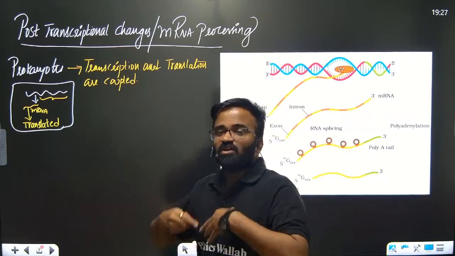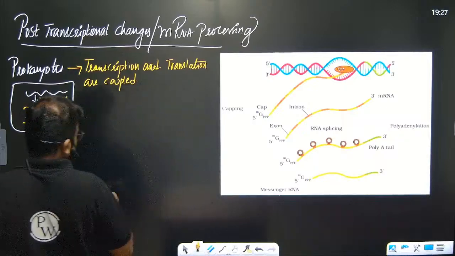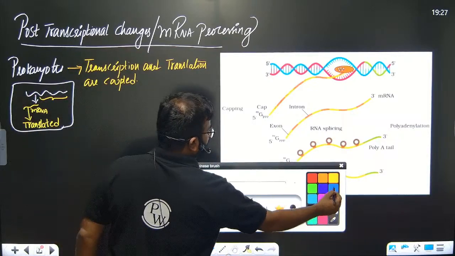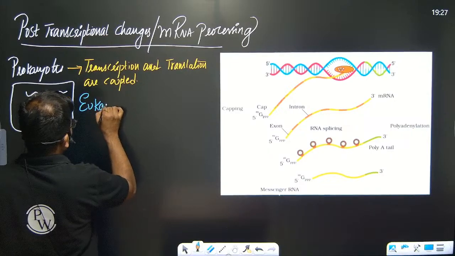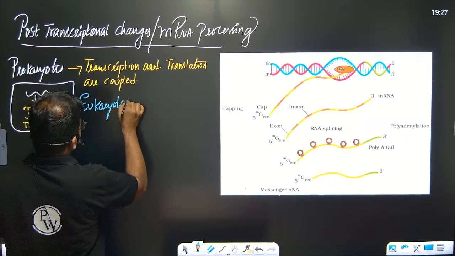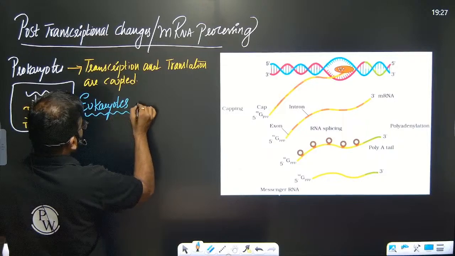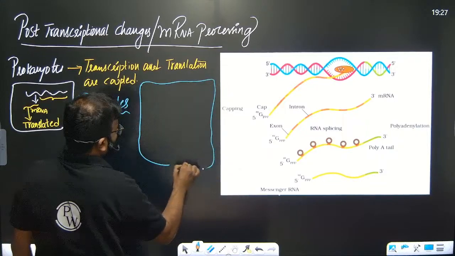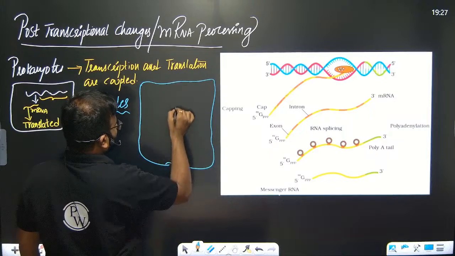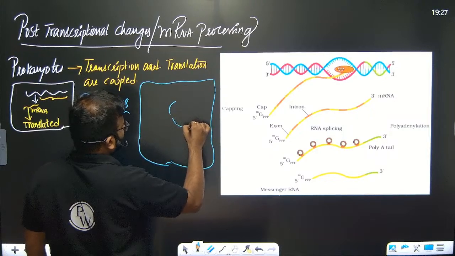They occur soon after. But in case of eukaryotes, imagine this is a cell and this is our nucleus.